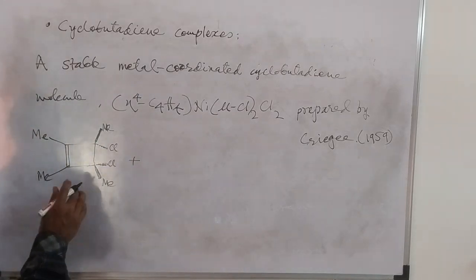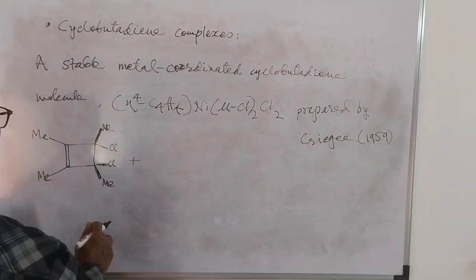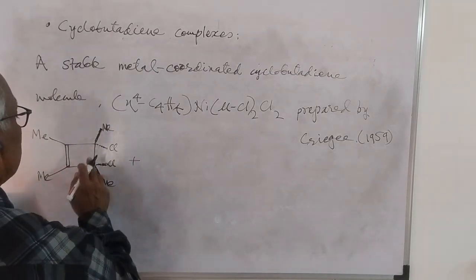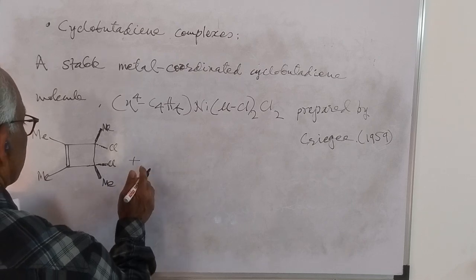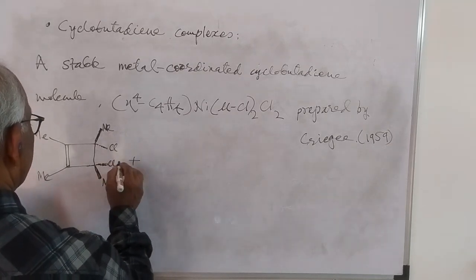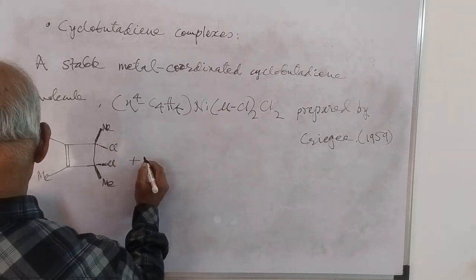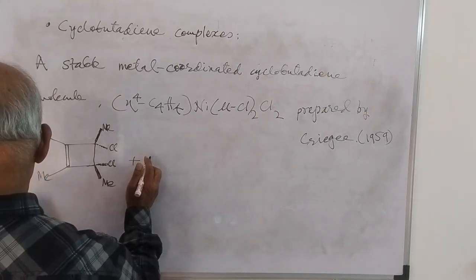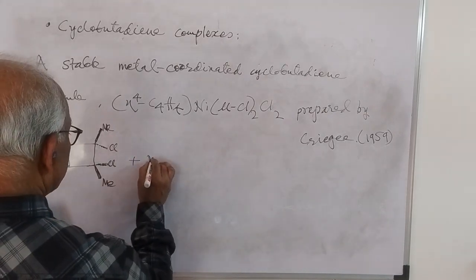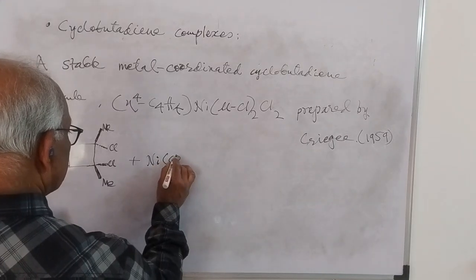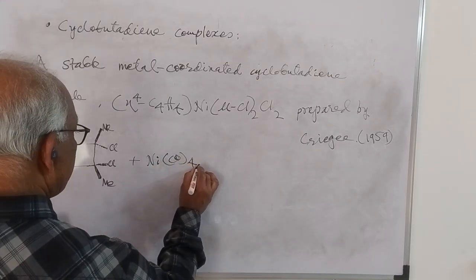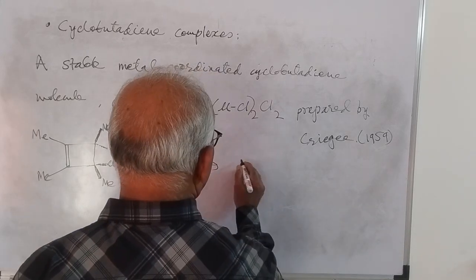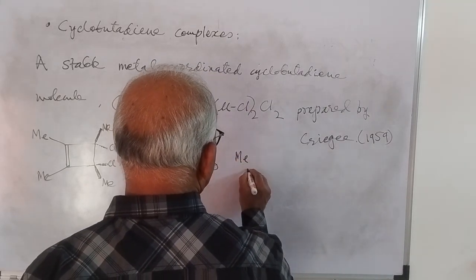This tetramethylated dichlorocyclobutadiene is treated with nickel carbonyl, Ni(CO)4.